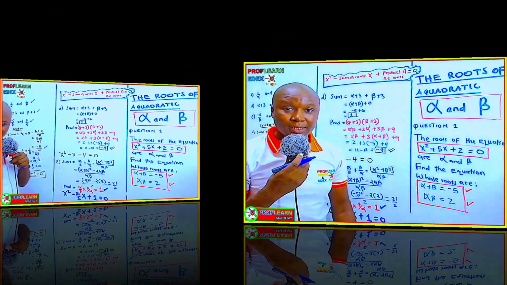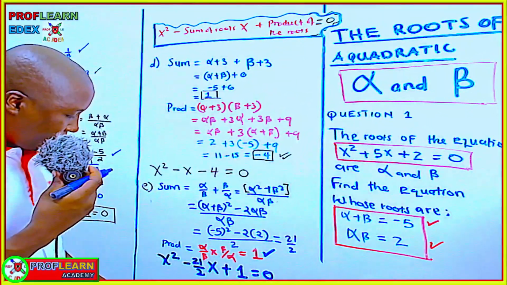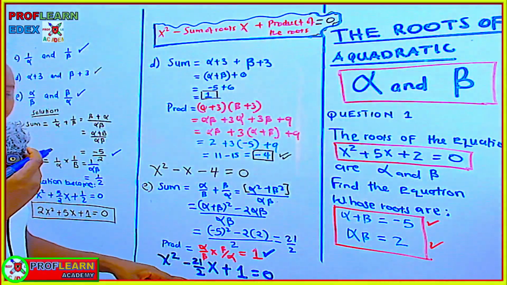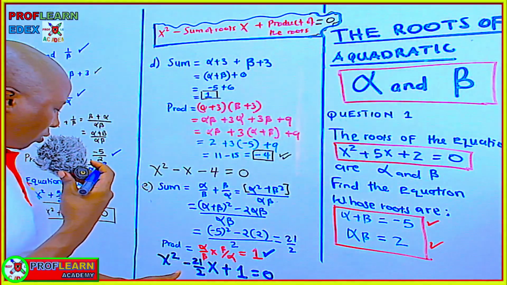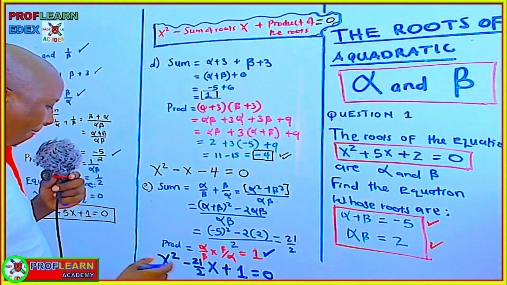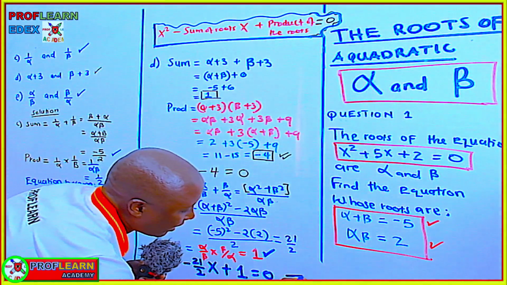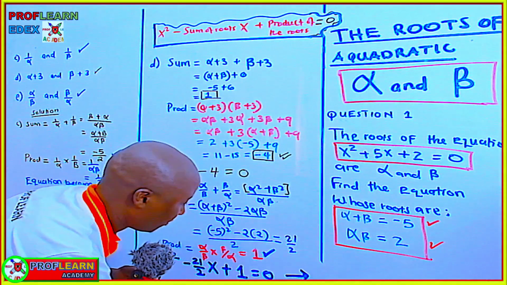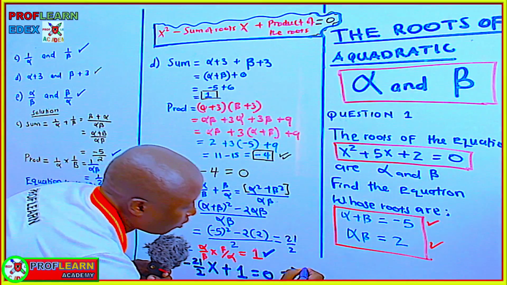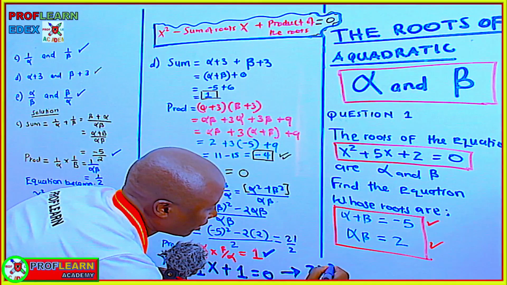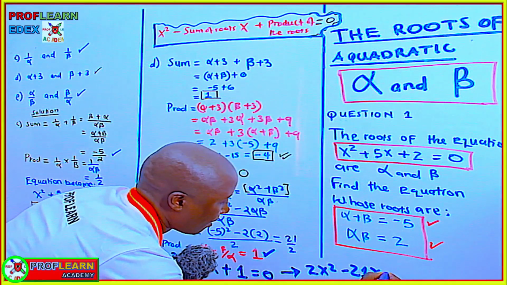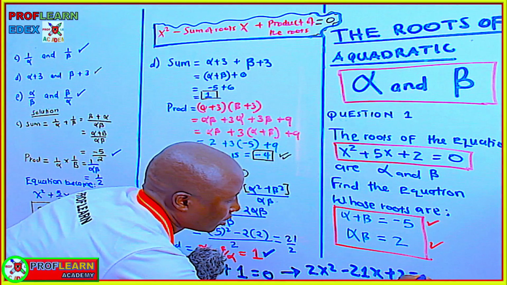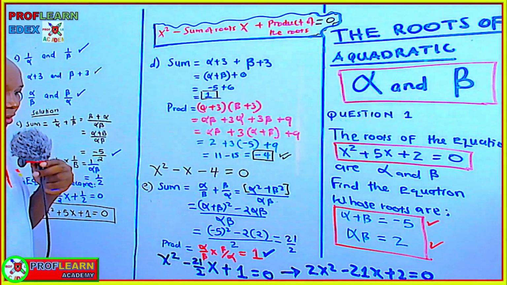If you want integer coefficients, it means that you cannot leave your answer as a fraction. What you're going to do is multiply all through by 2, and this equation of ours becomes, by multiplying all through by 2, 2x squared minus 21x plus 2 is equal to 0.